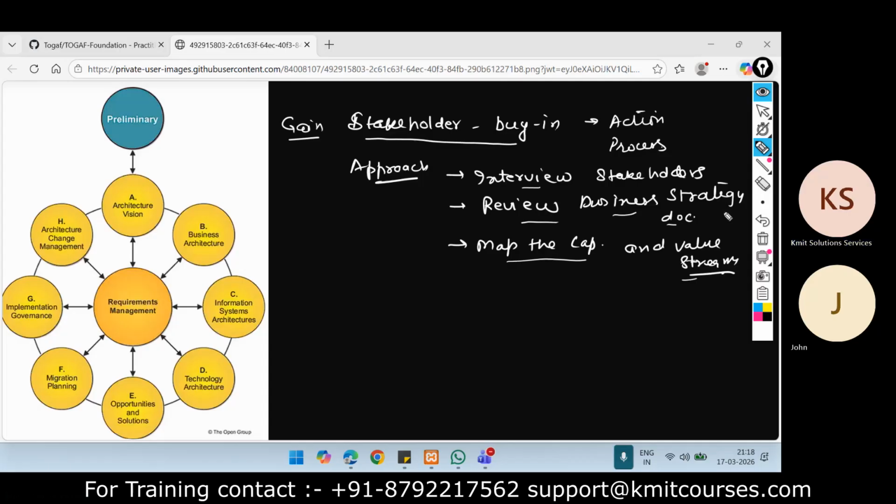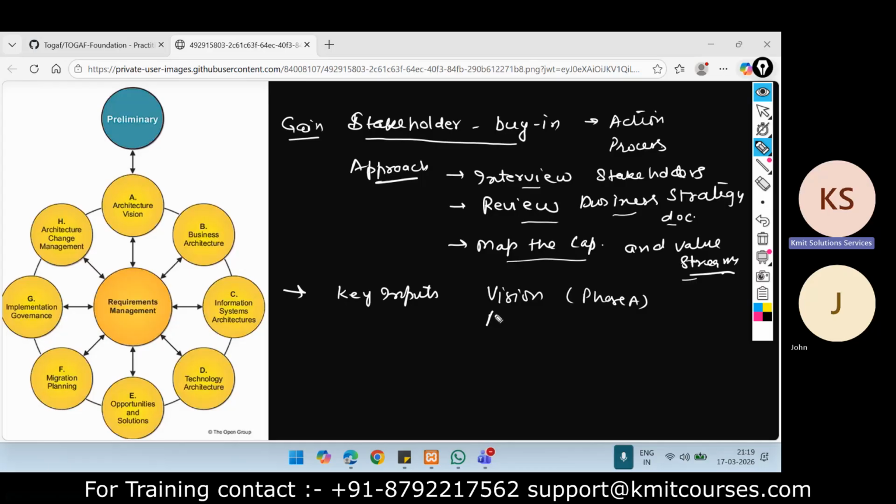All right. Now, a few things we have already discussed, but let me repeat them. What are the key inputs and resources? Key inputs will be your architecture vision, which is Phase A, because that is the starting point for identifying the business goals and concerns.